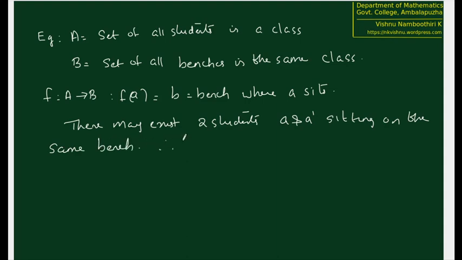Therefore, f of a will be b, and for the student a dash, f of a dash also will be b, but a is not equal to a dash. Therefore, this function is not one-one.